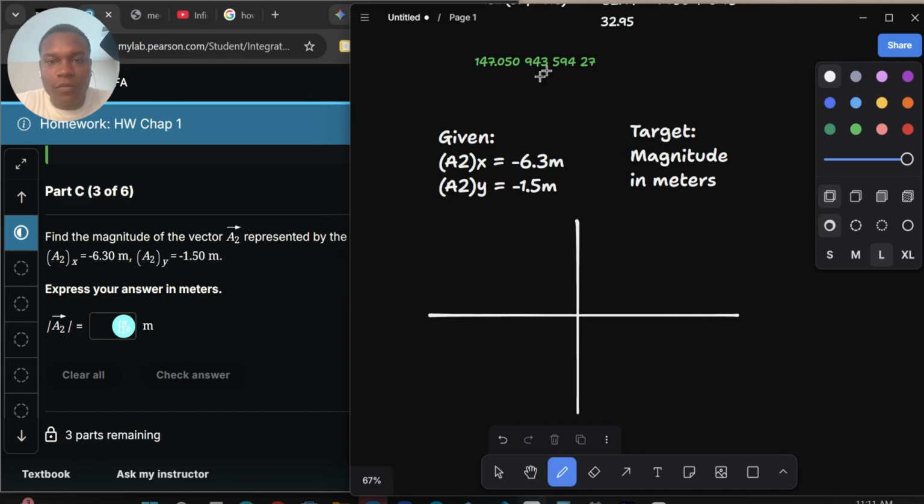The x component of vector A2 is negative 6.3, so it's going to the left.